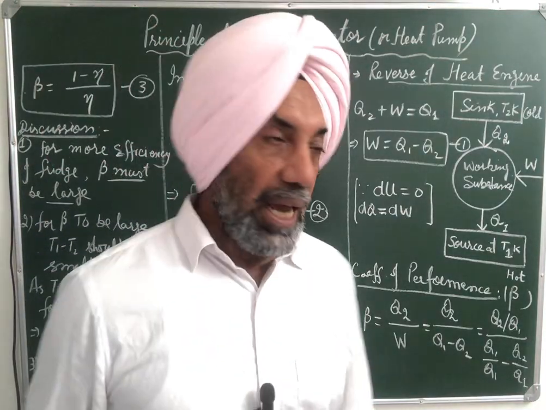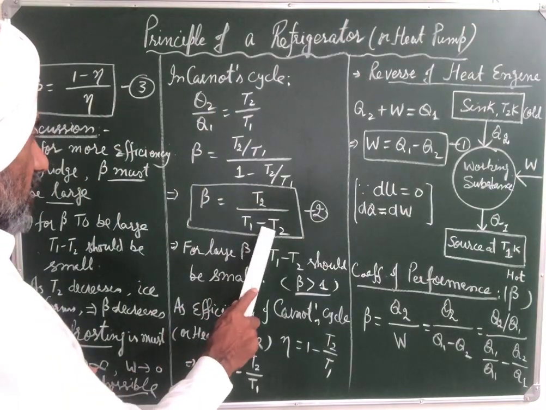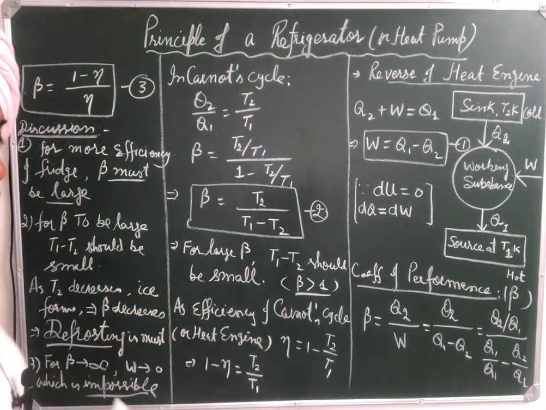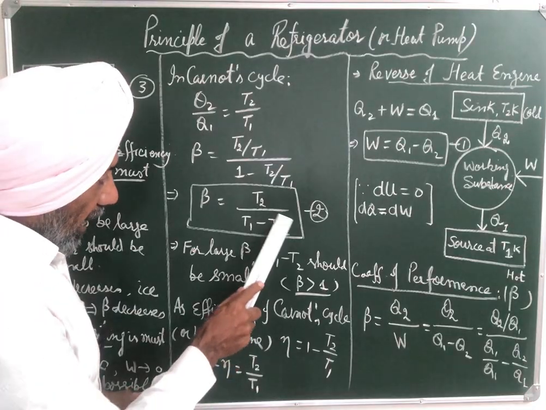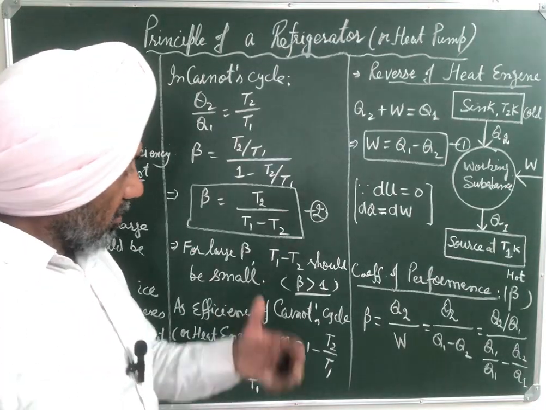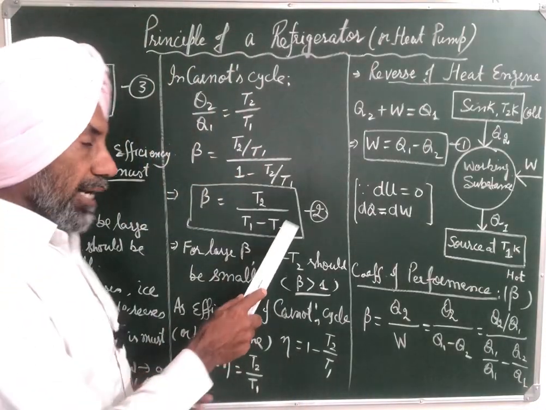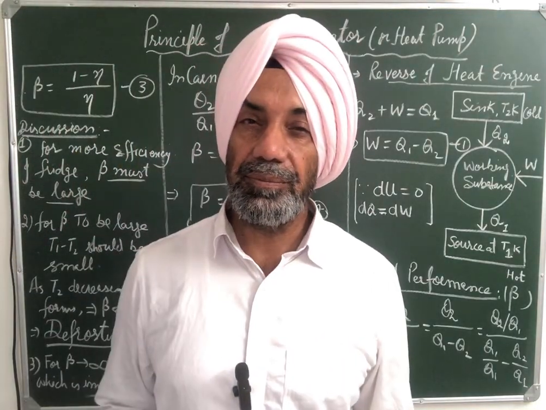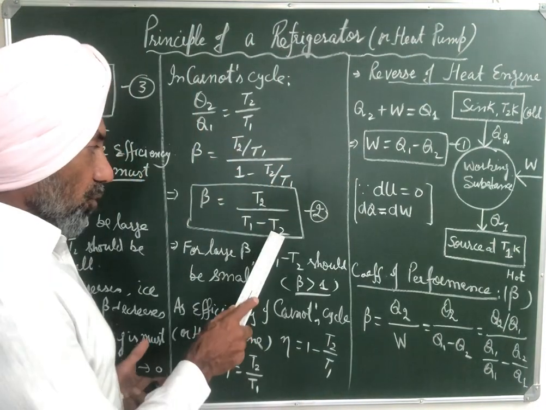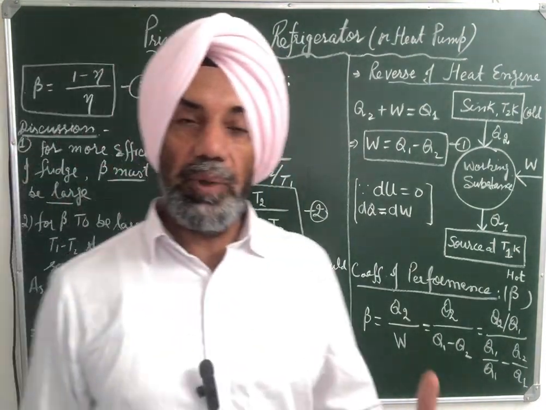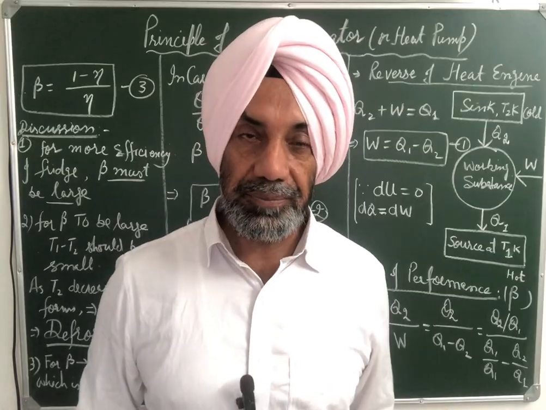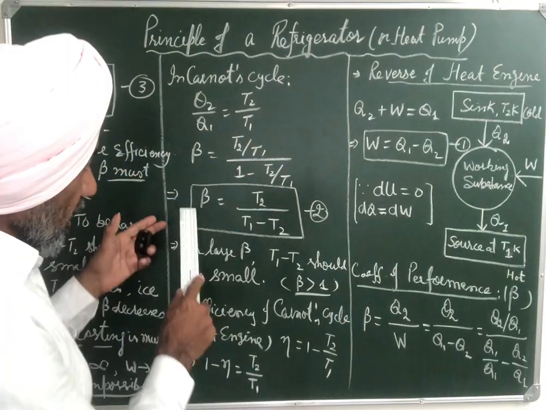Then for beta to be large, T1 minus T2 should be small. It means as objects inside the fridge cool down with the passage of time, T2 decreases. And due to the formation of ice, T2 becomes almost constant. Then beta decreases.